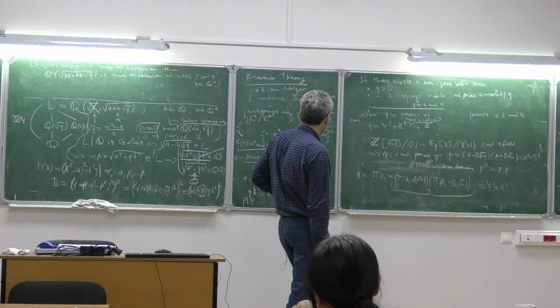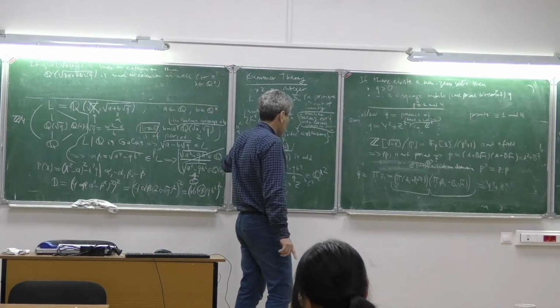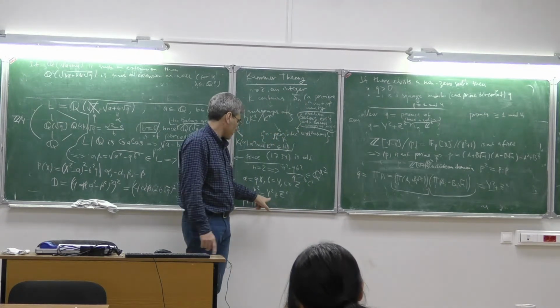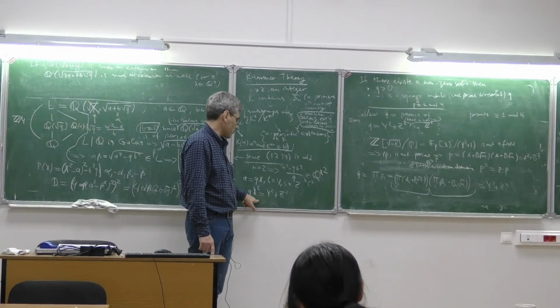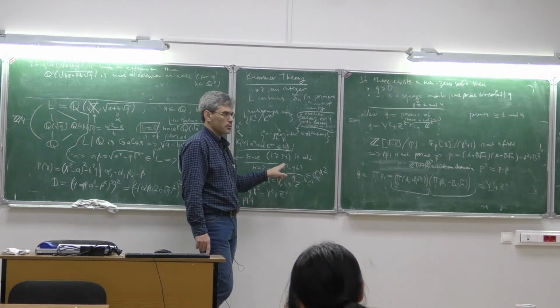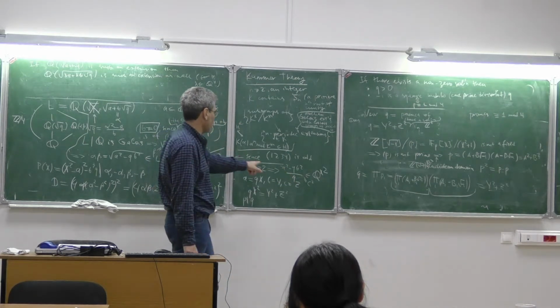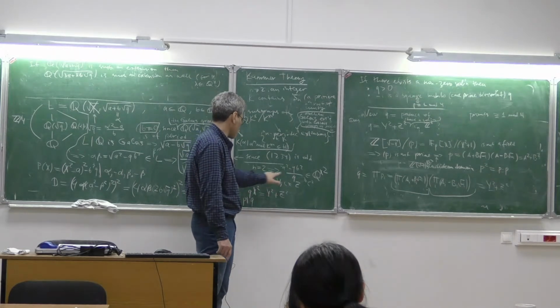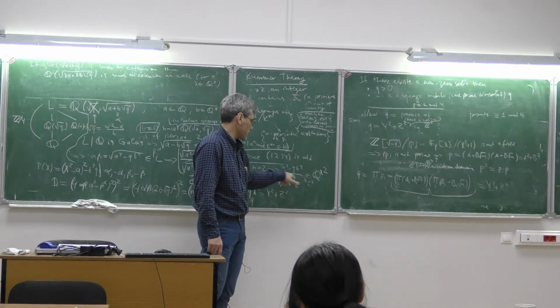it's not clear so far, because so far we only know that there are many solutions for A and B. For a given Q we are looking for A and B such that this condition holds.